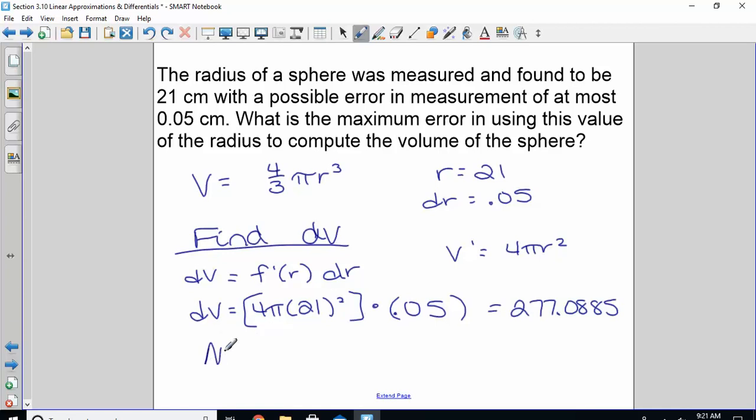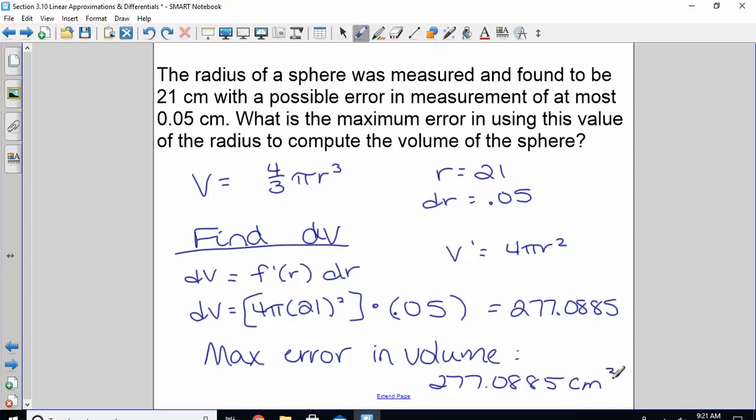So the maximum error in volume is 277.0885. Volume would be cubic centimeters.